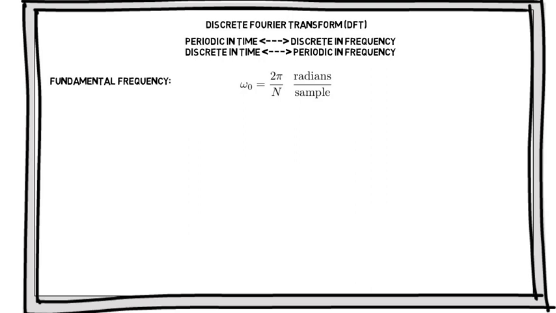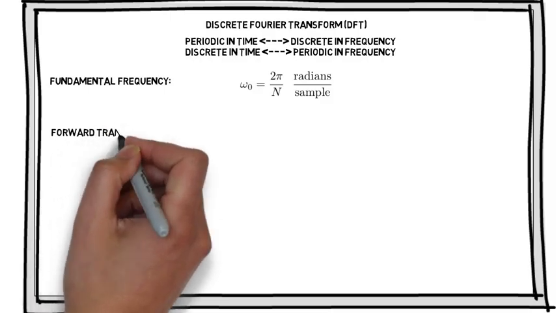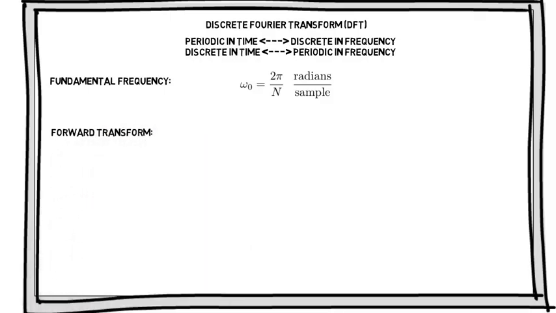Usually that just means we'll take a signal, which is finite length, capital N samples long, and because it's finite length, we'll pretend that that's one period of a periodic signal. And so its imagined fundamental frequency is omega naught, which is 2 pi over capital N, radians per sample. And so we'll calculate a forward transform, which is like the DTFT, except that it's only over one period.